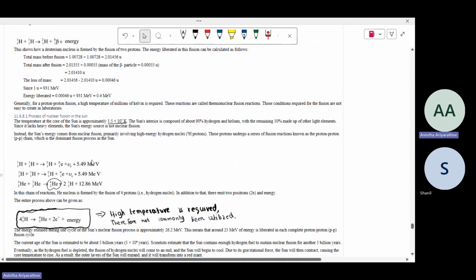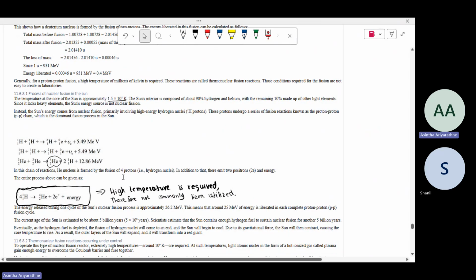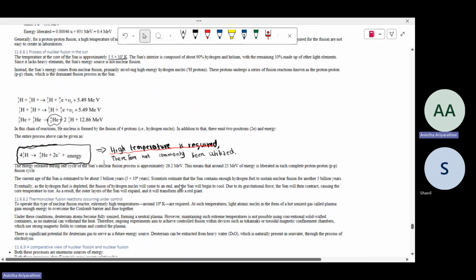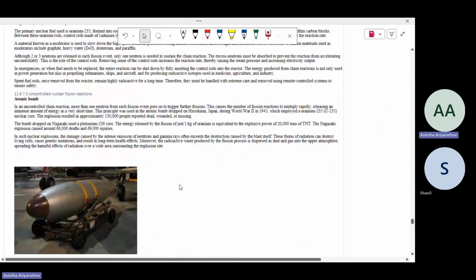That's the most common place that we can see nuclear fusion, not on Earth. On Earth, the nuclear fusion process is rare, since high temperature is required. Mostly common one is the nuclear fission reaction.